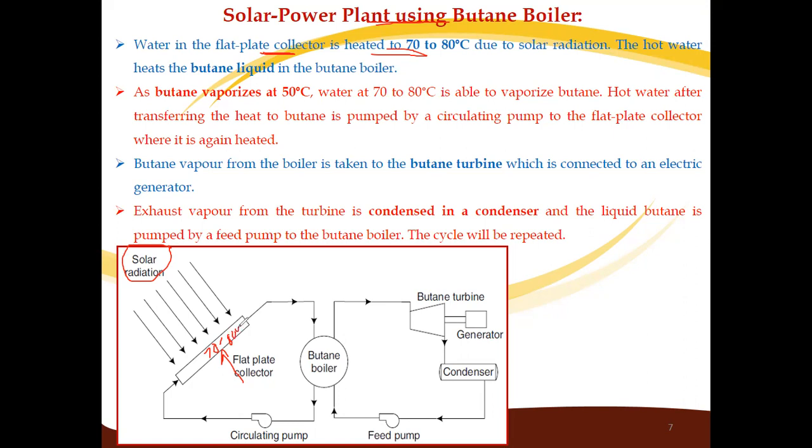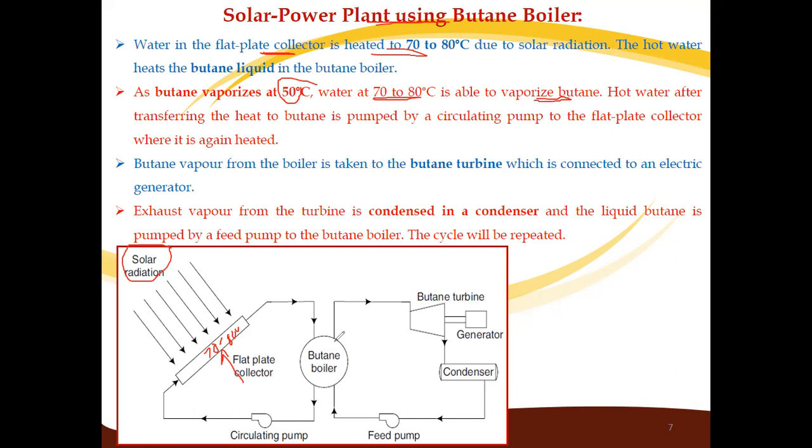So butane is one of the elements. It vaporizes at 50 degrees Celsius. So water becomes vapors at 100 degrees Celsius, but water at 70 to 80 degrees Celsius is able to vaporize butane.